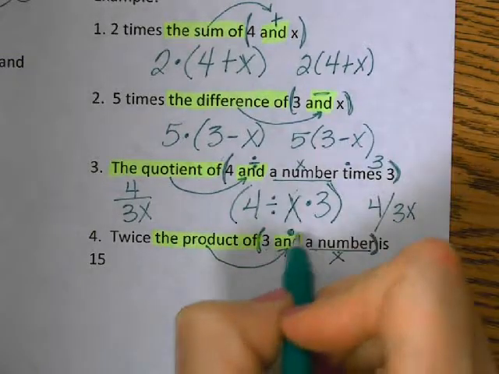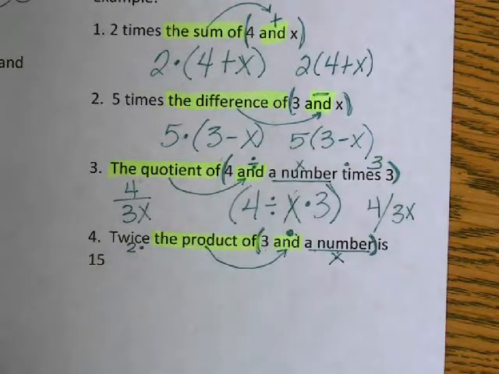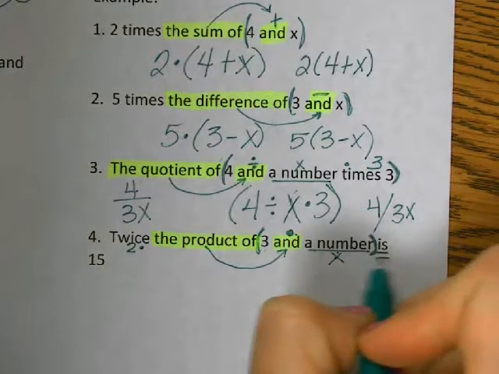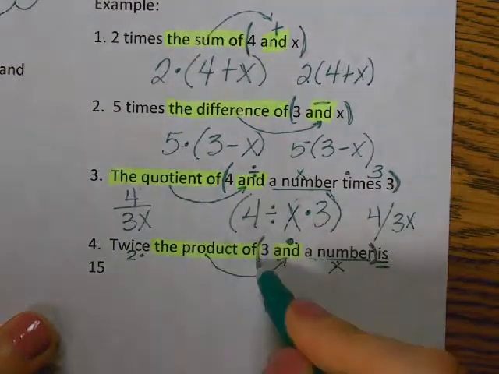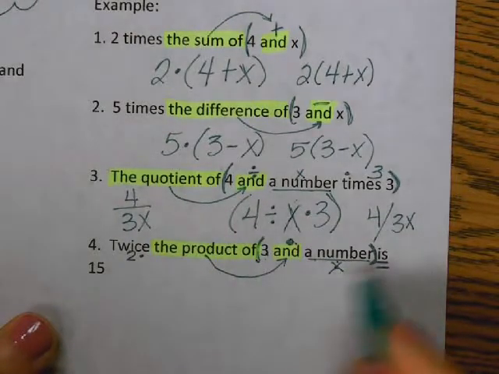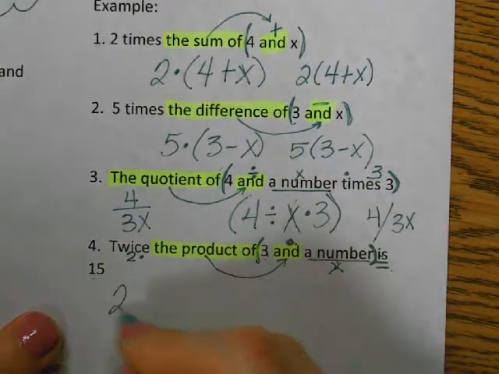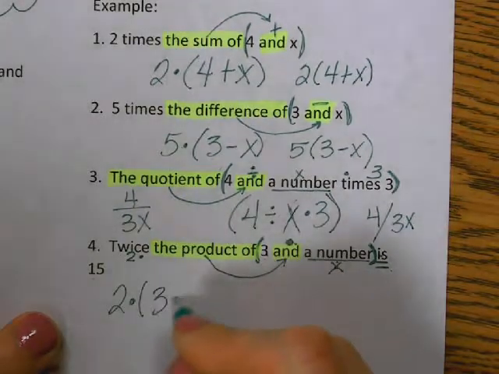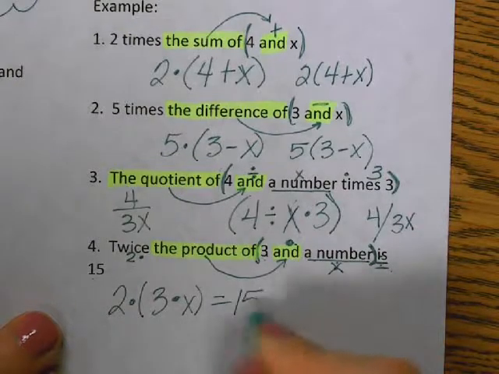So this is 3 times x. Twice means 2 times. Is means equals. So my phrase is 2 times parentheses 3 times x parentheses equals 15.